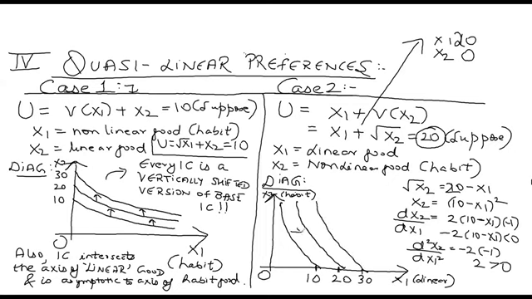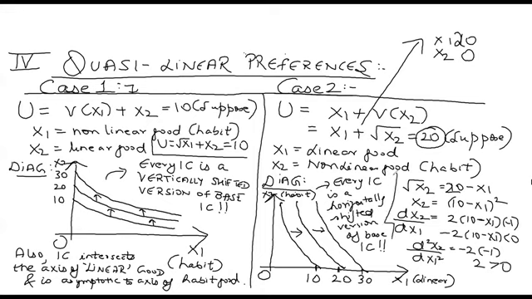So here I can say that every IC is a horizontally shifted version of the base IC.